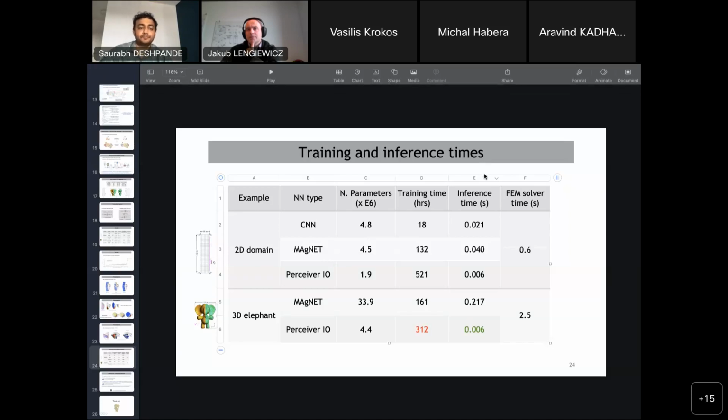Michal, just to touch upon your comment, those sort of architectures like CNN UNet and MagNet UNet, to some extent resemble this multi-grid scheme.